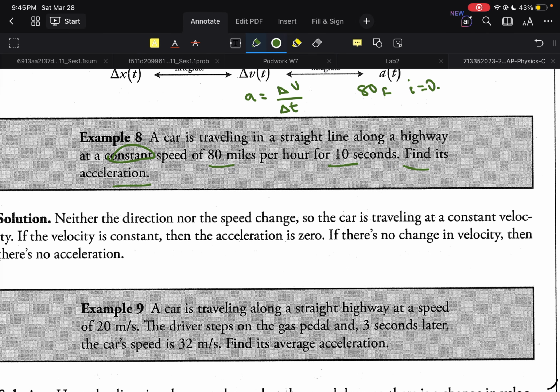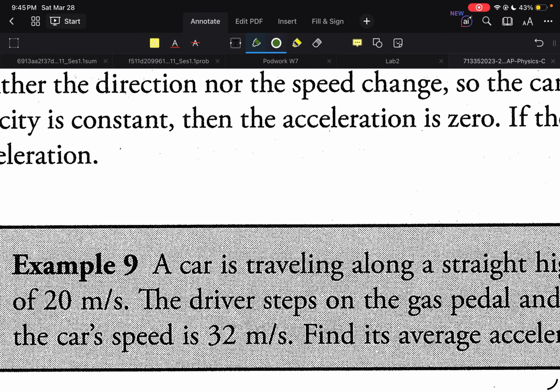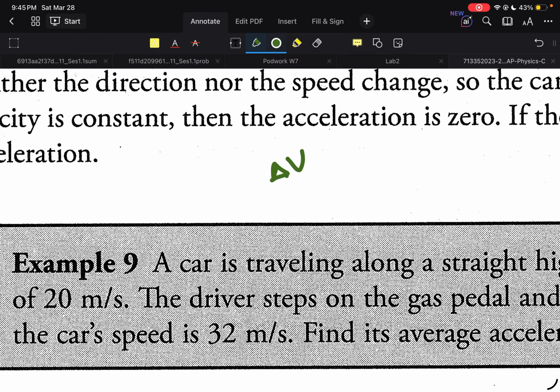A car is traveling along a straight highway at a speed of 20 meters per second. It steps on the gas pedal, and 3 seconds later it is at... Oh, sorry, I thought it was the brake pedal. I was so confused because it's like the car is traveling backwards. Okay, so we know that average acceleration is change of velocity over change of time.